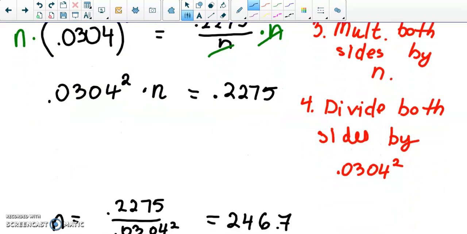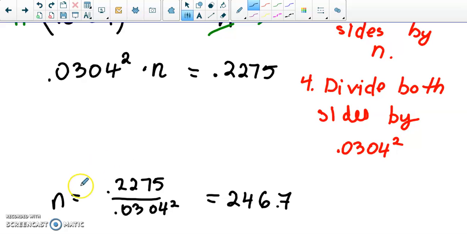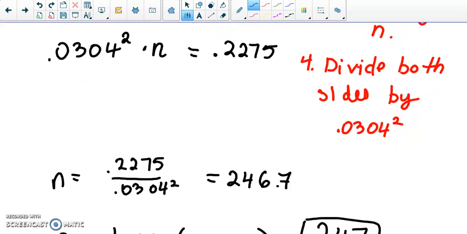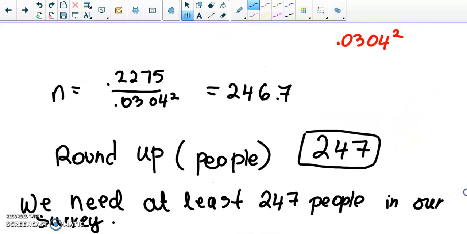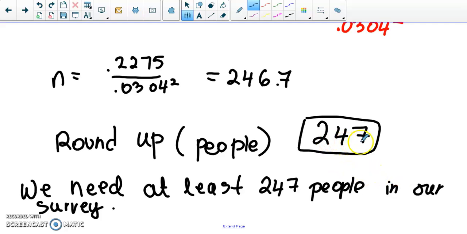When we do that, that's what we end up having, and that equals 246.7. Since we're talking about sample size, and these are people that we're going to be surveying, or individuals, we want to round up. So you round up from the number that you get, and that would be 247 people.